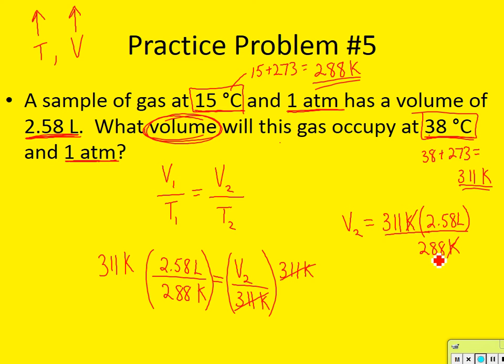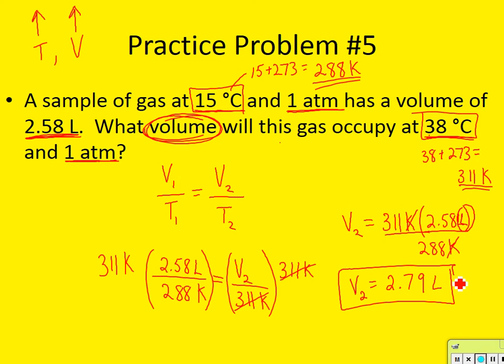So let me put that in my calculator. 311 times 2.58. And then divide that answer by 288. And so V2, the final volume of this gas, will be 2.79. And if Kelvin's canceled out, the only units that we're left with are liters. So the volume of that gas will be 2.79 liters.